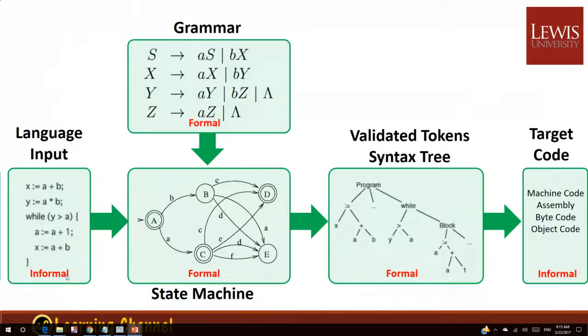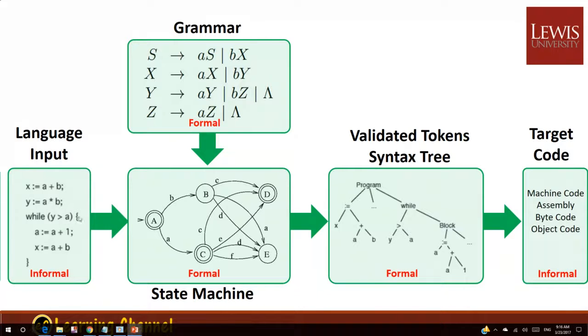That means they have certain type definitions, but usually it is not 100%. I use the word informal to compare to the formal language we are going to talk about. Usually you have a C program like this as the input, and what the compiler does is generate the target code: machine code, assembly, bytecode, or object code, for example an intermediate form, or bytecode for the Java virtual machine. But both sides are informal.